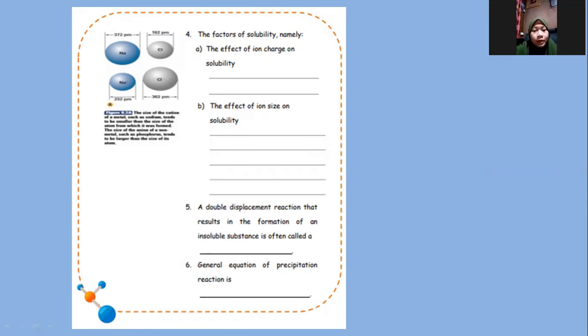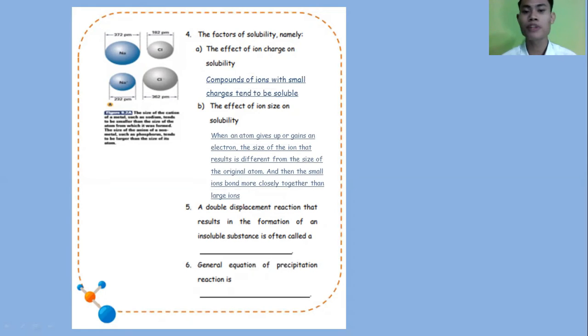Point B, the effects of ion size on solubility: when an atom gives up or gains an electron, the size of the ion that results is different from the size of the original atom, and then small ions bond more closely together than large ions. Okay, thank you, Rosie. Who wants to answer number 5 and number 6?